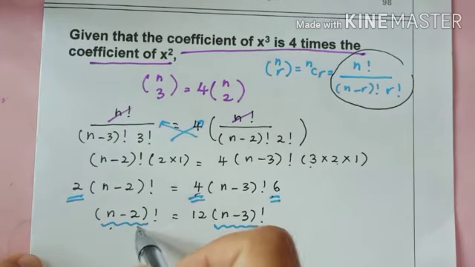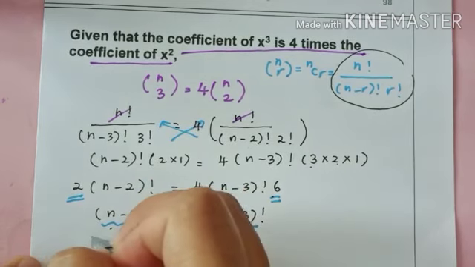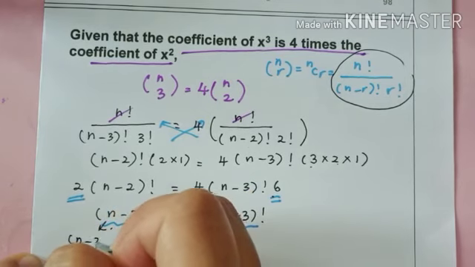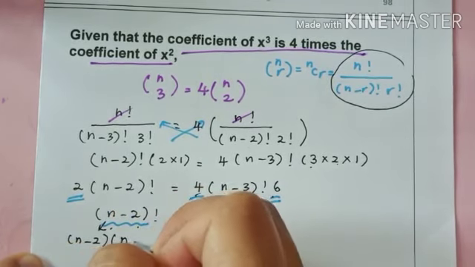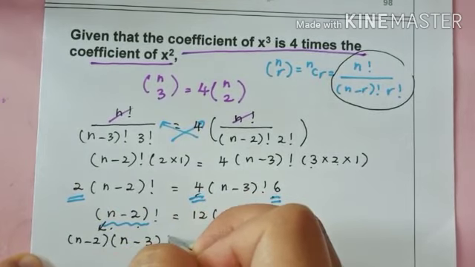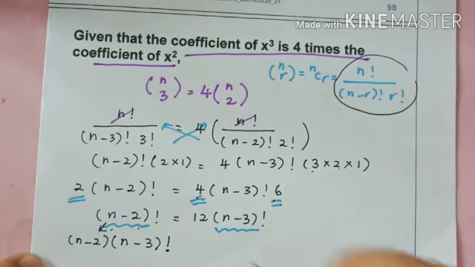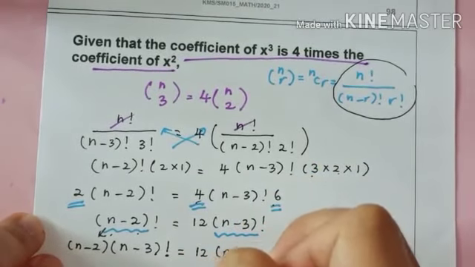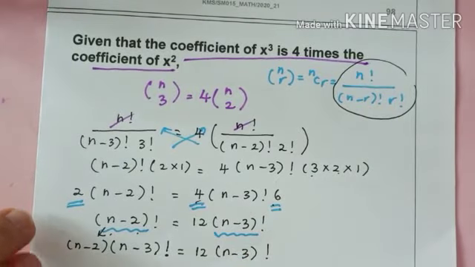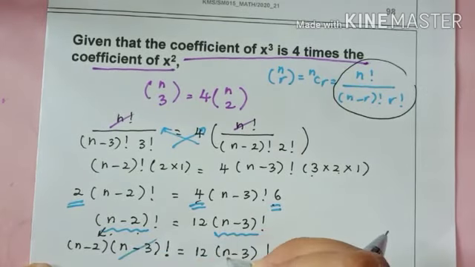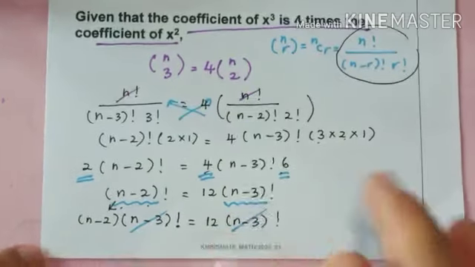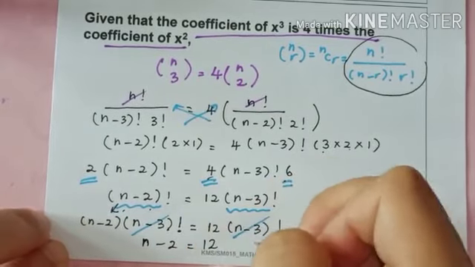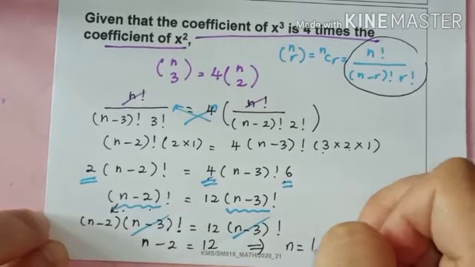We can expand this expression: n minus 2, after n minus 2 is n minus 3, then we have to put factorial, because we have the same expression on the right hand side. Now you can cancel the (n minus 3) factorial on both sides. Thus n minus 2 is equal to 12. Thus n is equal to 14.